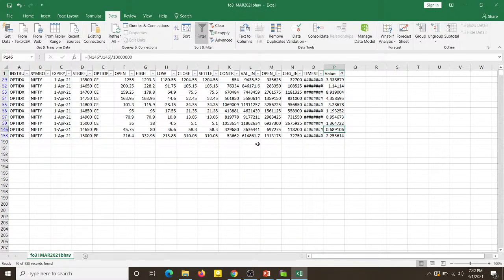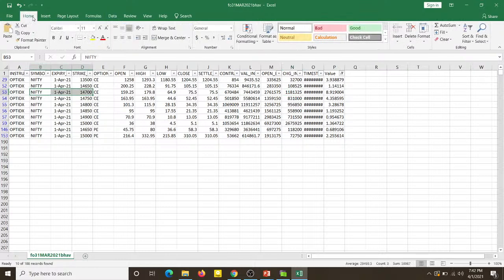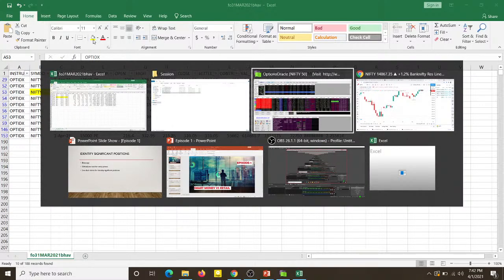And in top 10, what we have is only one position which is close to 10 crore, not even fully, but we'll consider this 14,700 call, right? This is the only position from 31st of March which is significant, right? We'll take this, correct? So we'll go and take that.